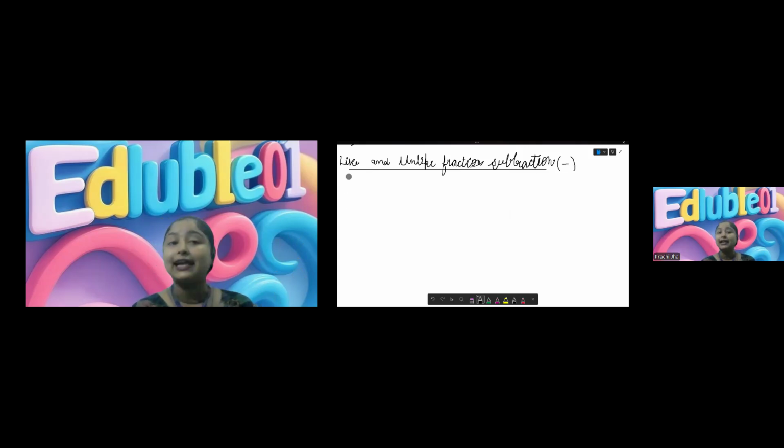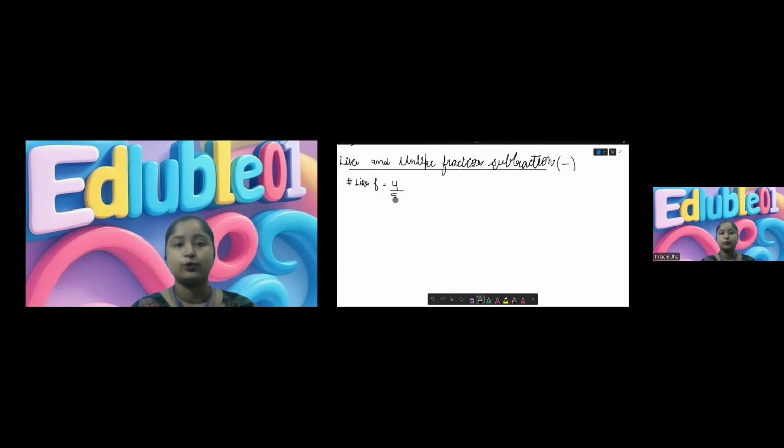We all know by now what a like fraction and an unlike fraction are. Let's write one example of a like fraction. A like fraction is a special kind of fraction that has the same denominator.